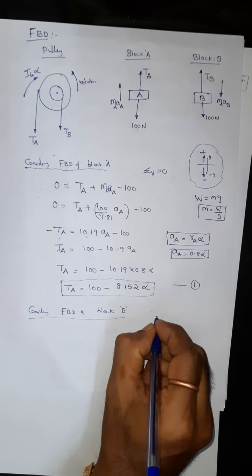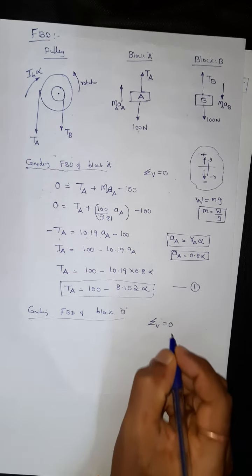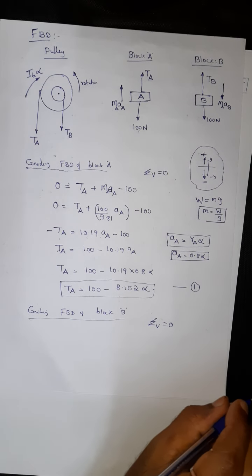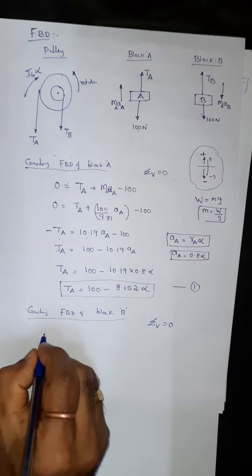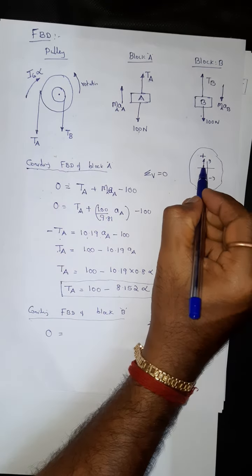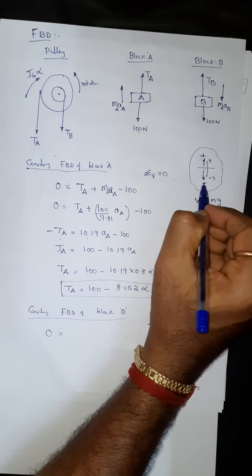again summation Fy equals 0, right? Vertically upwards is considered positive, vertically downwards as negative.